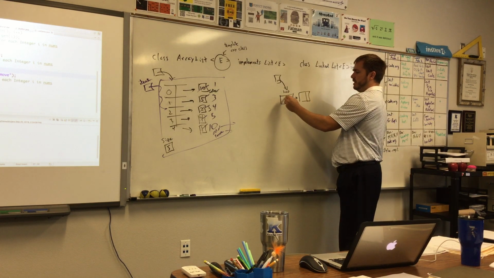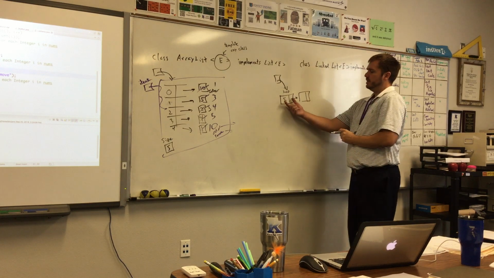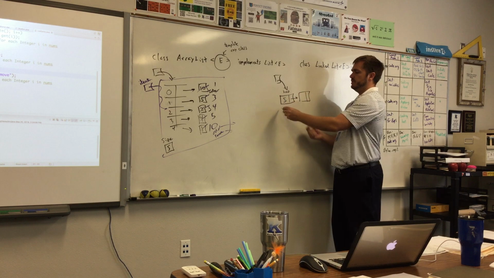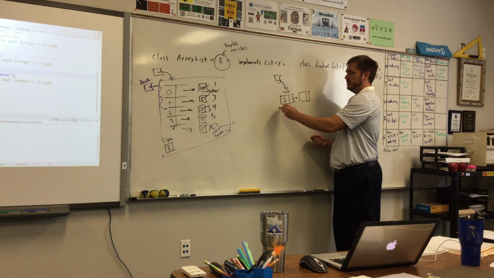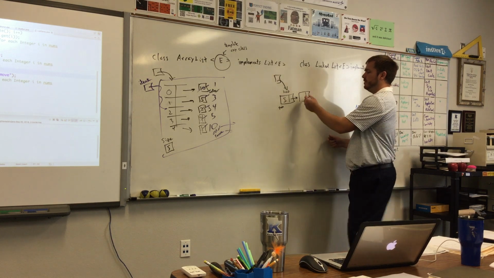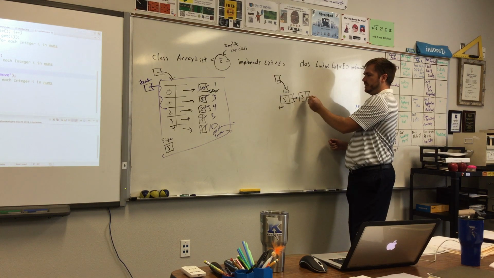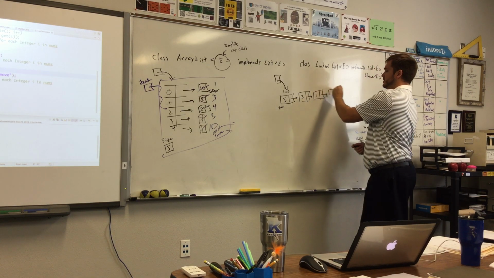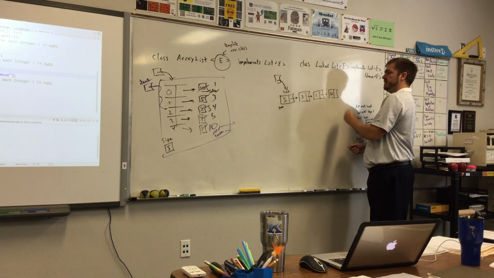So let's say I can put the number 5 in here, but this is what's called a node. This node points to the next node, and that node has maybe a value of 3, and also can point to the next node. Maybe this one's a 1, and that node maybe points to 10.